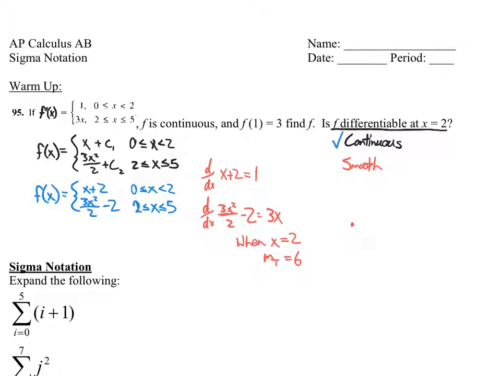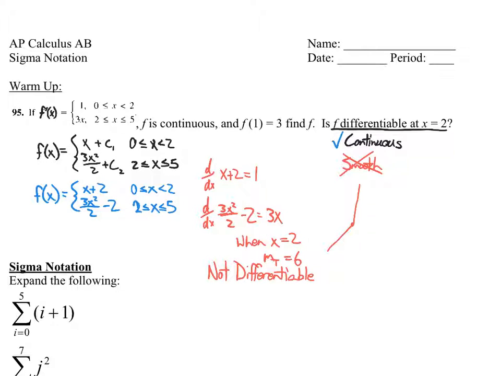So that when you hit that point, here's a slope of 1, well the other side has a slope of 6, so that's going to create a point. So it is not smooth, so it is not differentiable. Okay? So there's a little bit of practice there for us, needing to use a little bit of integration as well.